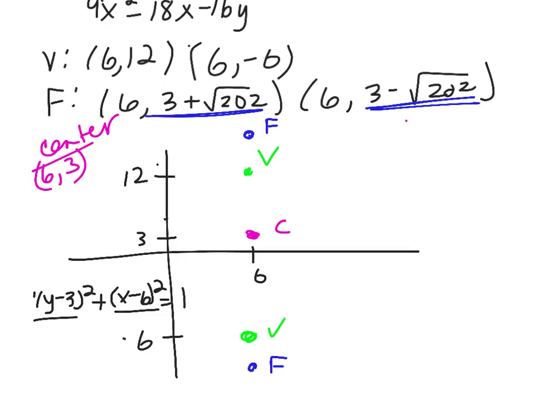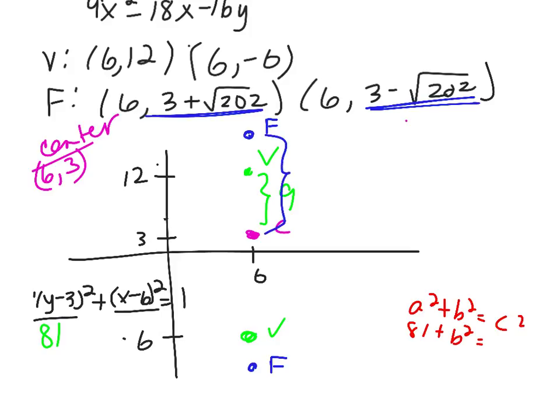All right, and now I need my A. My A is here from 3 to 12. So from 3 to 12 is 9 units. So this is going to be 81 because that's 9 squared. All right, so now I need to get my B. So that's A squared plus B squared is equal to C squared. So I have 81 plus B squared equals C squared. C is foci to the center, so that means I'm going up and down the square root of 202.